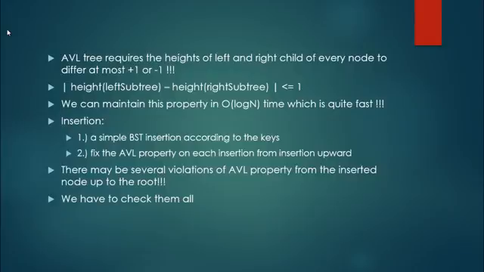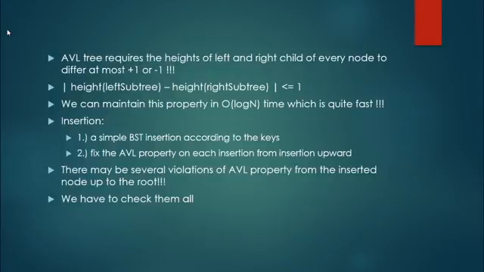If it's not in this range, so if it's greater than 1, then we have to make rotations accordingly. So we can maintain this AVL property, which means that our tree is balanced, in logarithmic time complexity, which is quite fast.